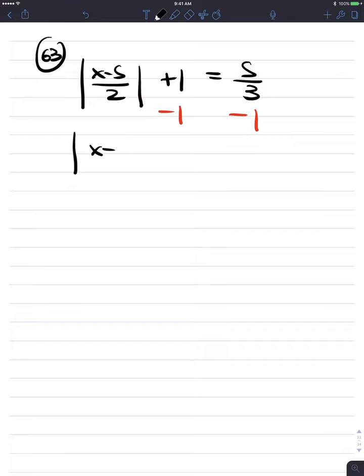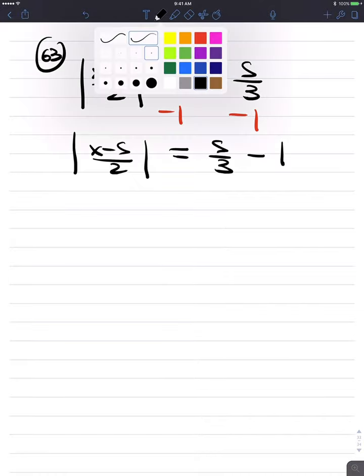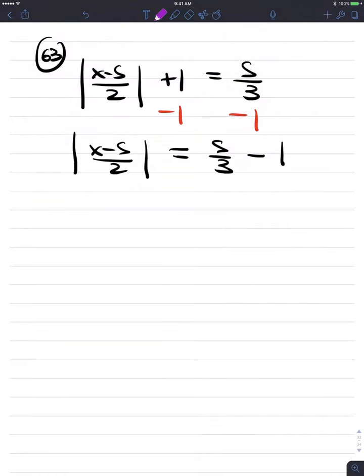The absolute value of x minus 5 over 2 will become 5/3 minus 1. Now this 1 here can be written as a fraction, 3 over 3. In other words, it's like a fraction with that 5/3. They have the same denominator.